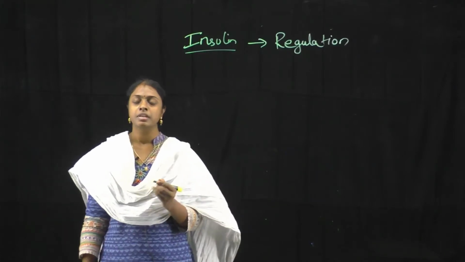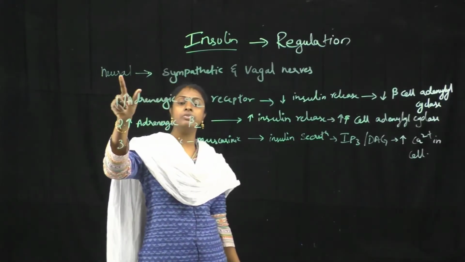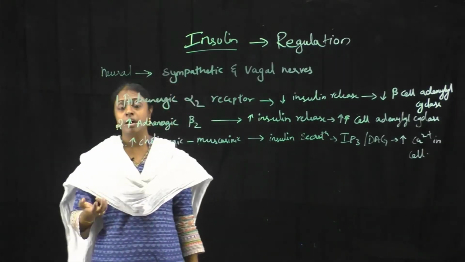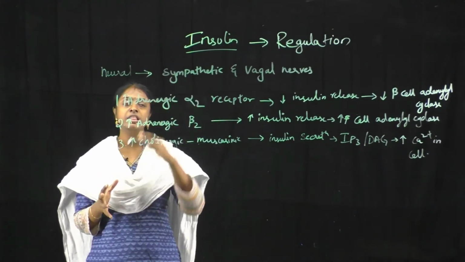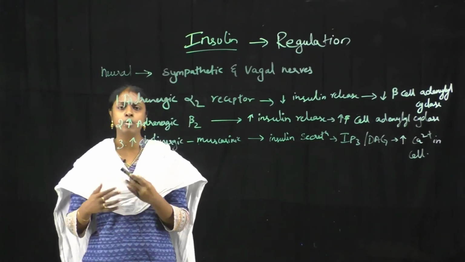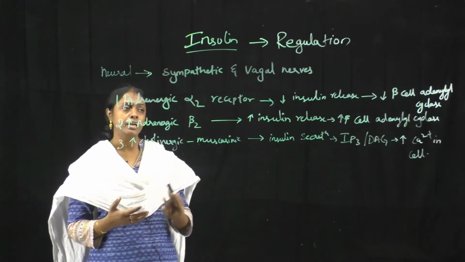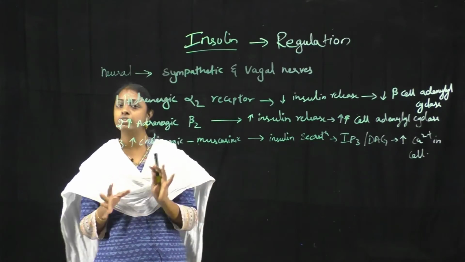So now let's see the neural regulation of insulin. Our pancreas is rich with sympathetic and vagal nerves. When these get activated, they show effects on glucagon and insulin. Let's see insulin only today.